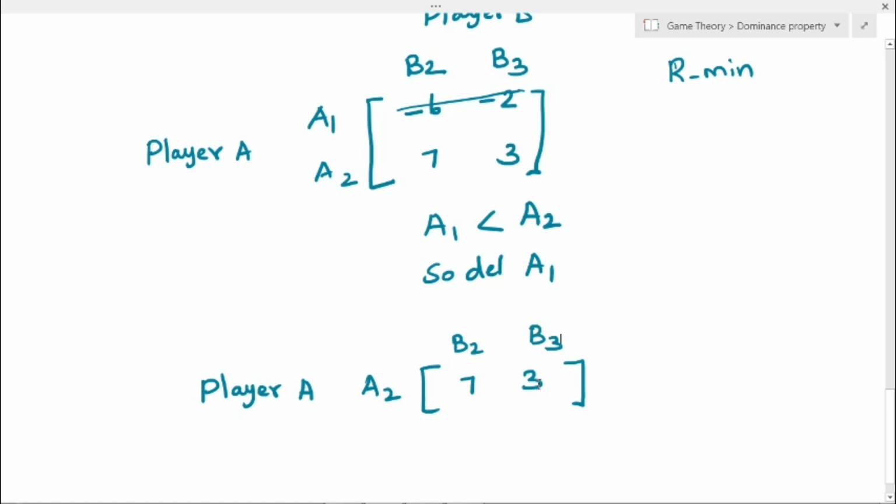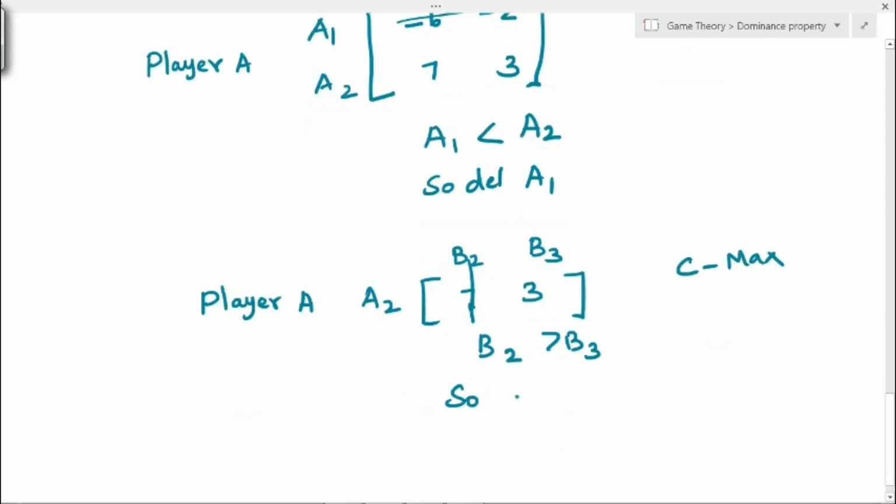The value 7 is greater, right? So we have to delete this column, that is strategy B2, because B2 is greater than B3. So we have to delete the column wise maximum. The maximum value is 7, so we have to delete this. What is the remaining value? That is 3. So delete B2.